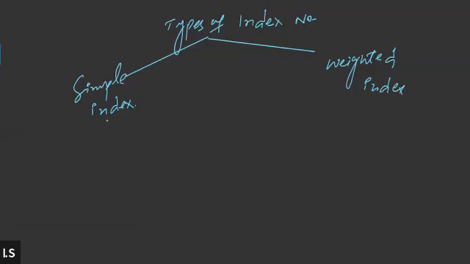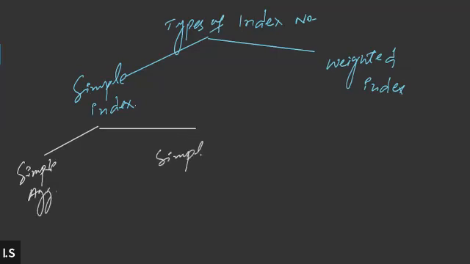Simple index number can be broadly categorized as simple aggregative method and simple average of price relative method.